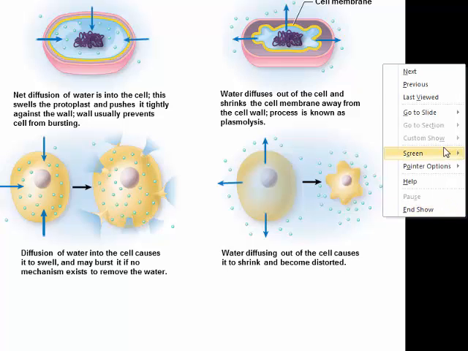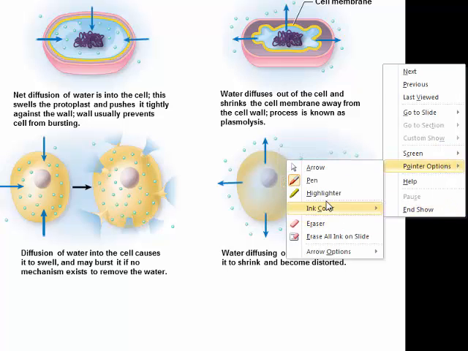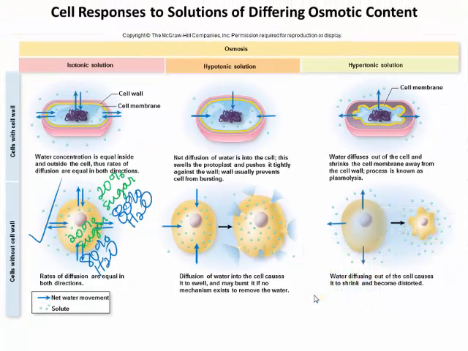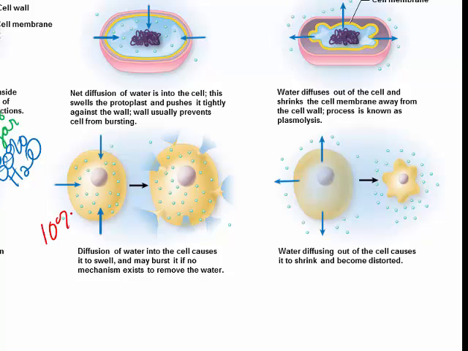So, what about cells in hypotonic or hypertonic solutions? So that solution on the outside is hypotonic. So we'll say there's 10% salt on the outside and then 30% salt on the inside on this one.